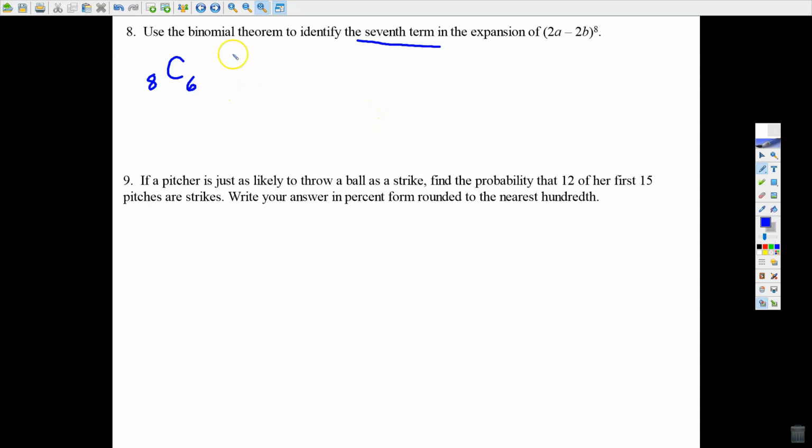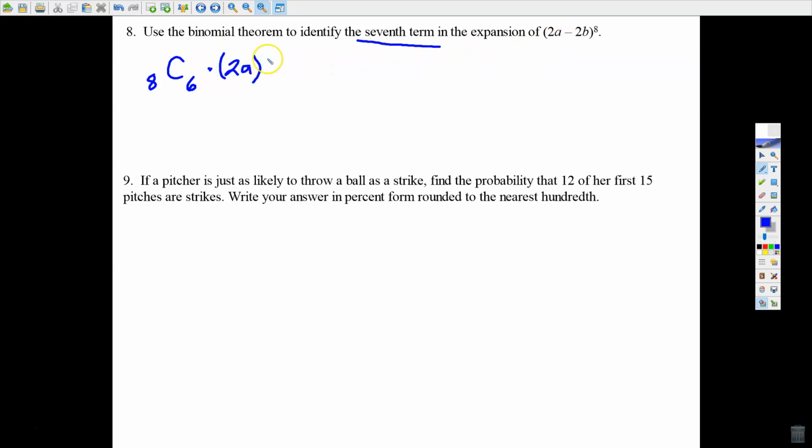If you think about it, it's because with the binomial theorem, we always start at 0. So if we started at 0 with the first term, by the time we got to the 7th term, that number would be 6. So that's the reasoning behind it being 1 less than whatever we're asked to find. And we're multiplying all this together. So my next term, I'm going to do 2a.